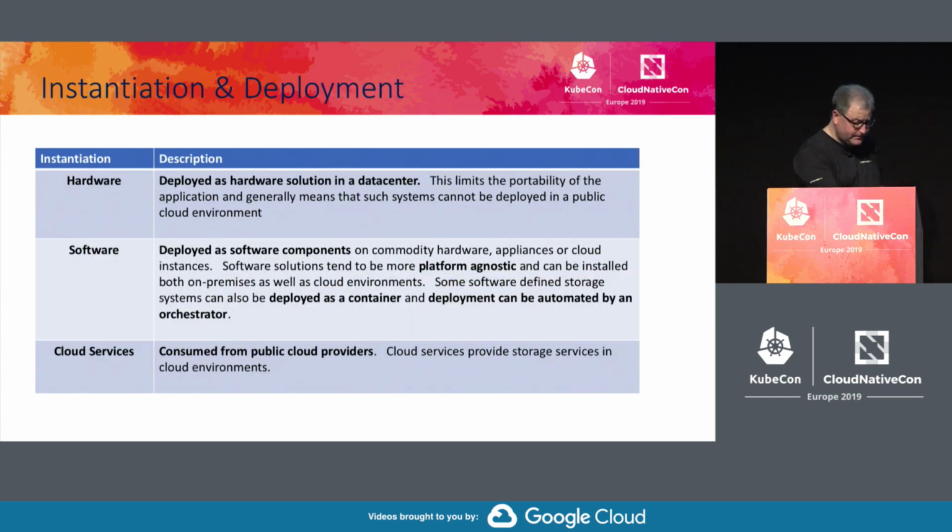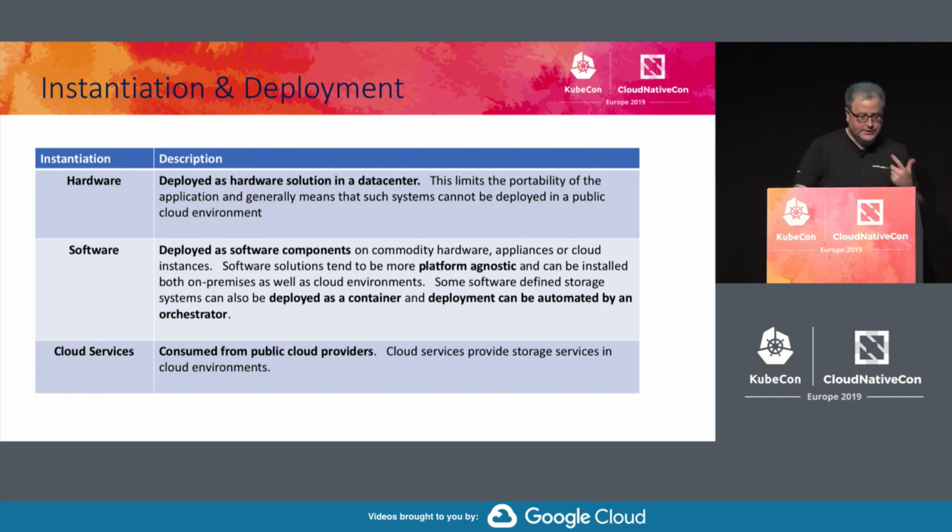Of course, cloud-native storage systems come in all shapes and sizes and can be instantiated and deployed in a number of different ways. There are traditional hardware solutions which get deployed on premises in your data center.